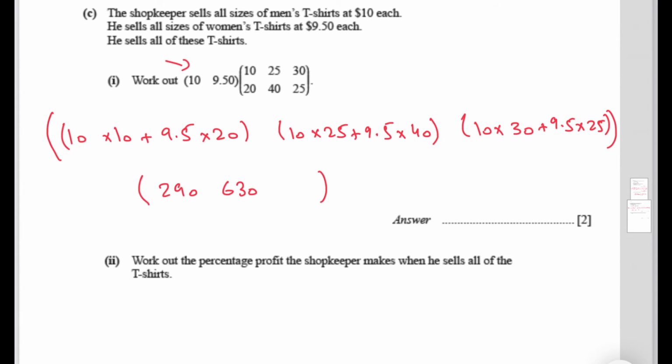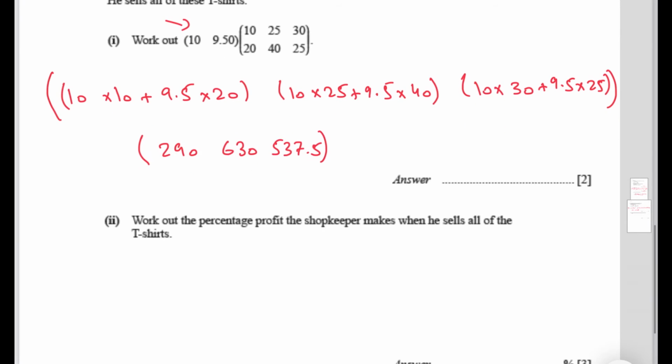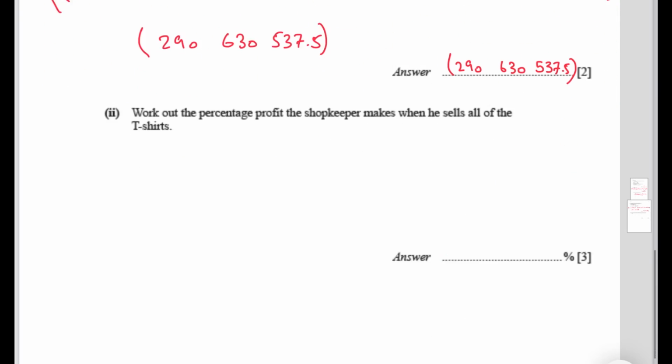So we do 10 by 30 plus 9.5 by 25. This gives us 537.5. So the final matrix is 290, 630, 537.5. Okay, let's move on.